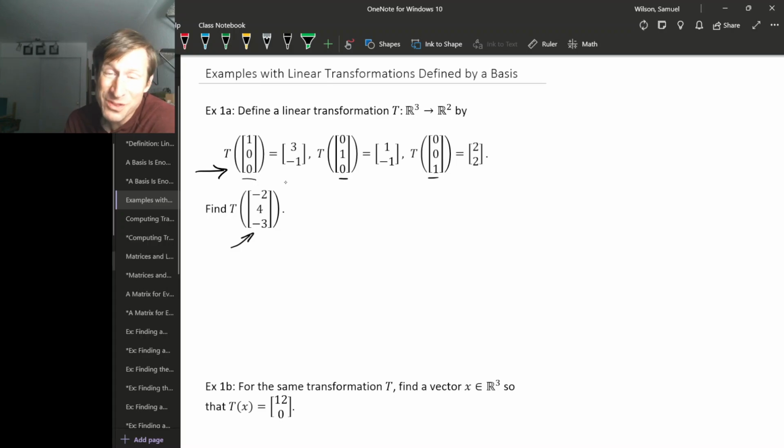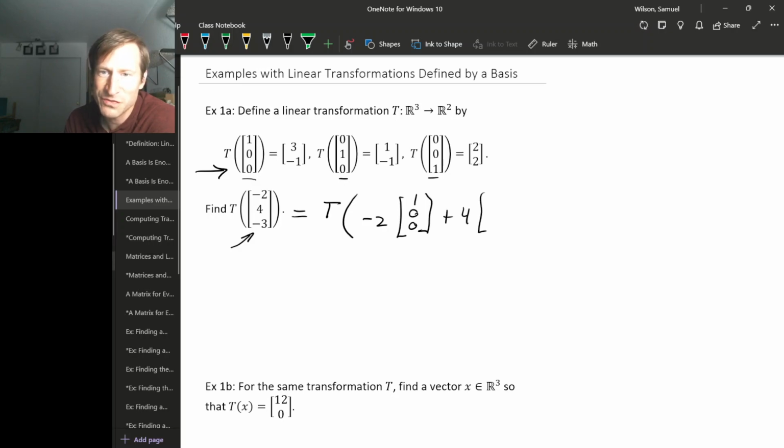Of course, writing a vector in terms of the standard basis is pretty straightforward. You can just read off the coefficients, essentially. So -2 will serve as a coefficient for the first standard basis vector, and then 4 will serve as a coefficient for the second standard basis vector, and then -3 will serve as a coefficient for the last standard basis vector.